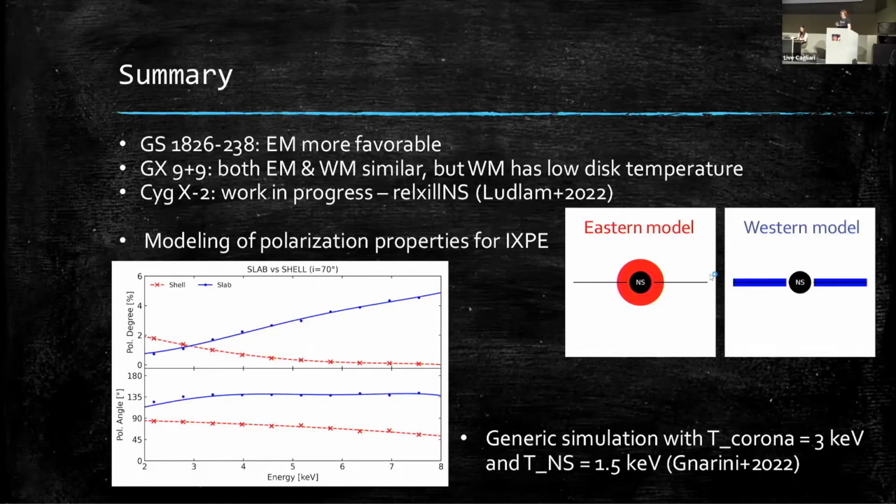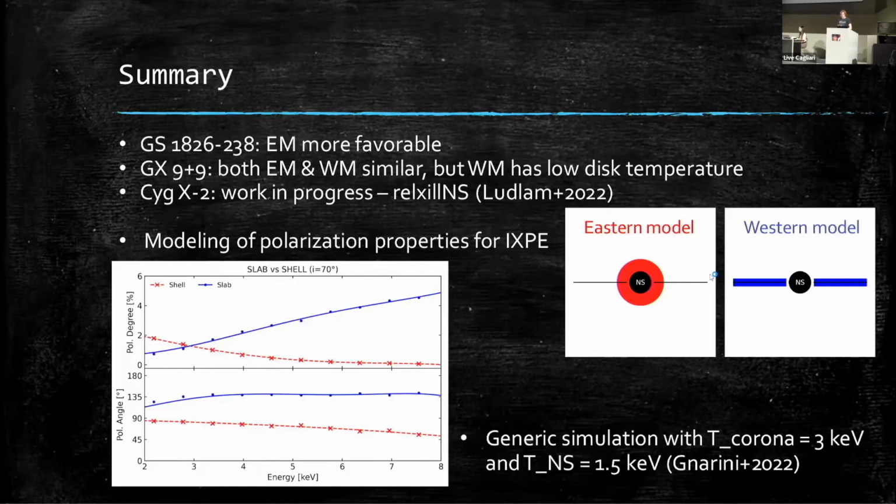This is a generic simulation with the corona temperature of 3 keV and the neutron star temperature 1.5 keV, and we see the polarization degree on the top panel, and then polarization angle on the bottom panel.